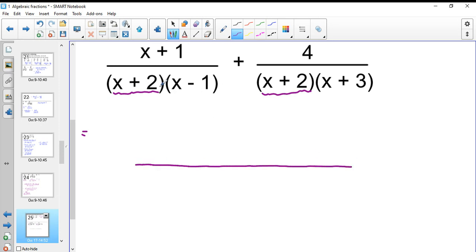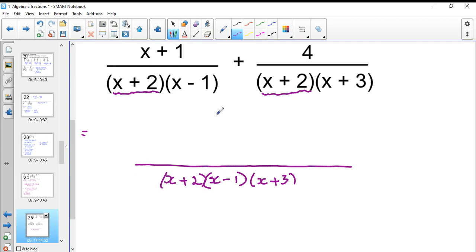Because they have one of this in common, we're just going to use it once. So we need an x plus 2, we also need an x minus 1, and for this fraction we need an x plus 3. So there's that one and there is that one, and within that are these two quadratics.